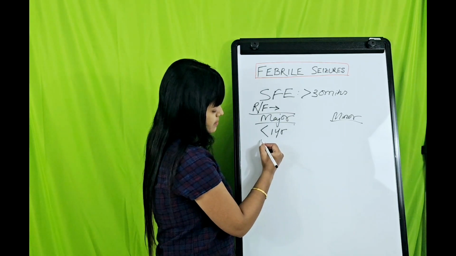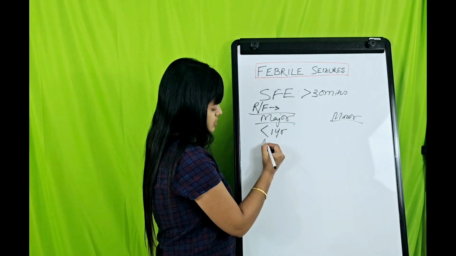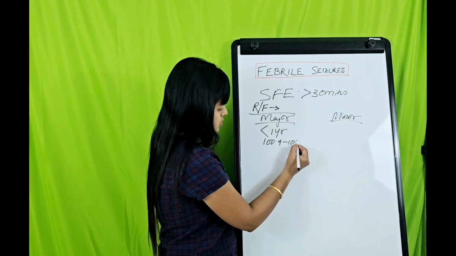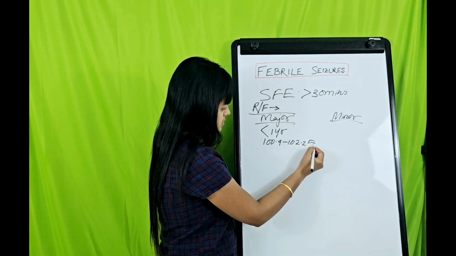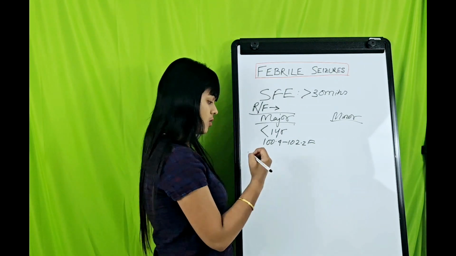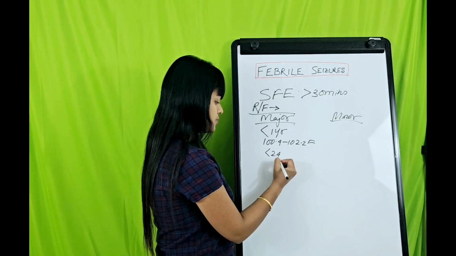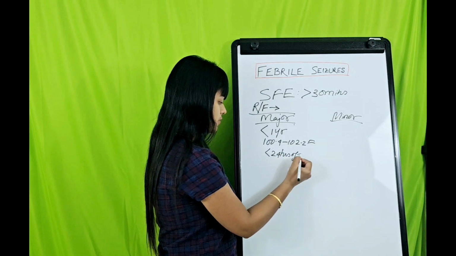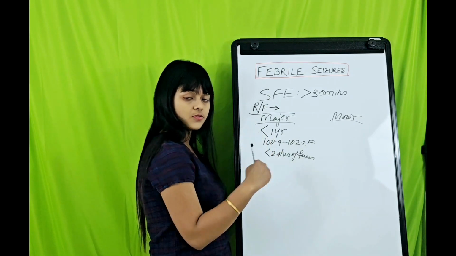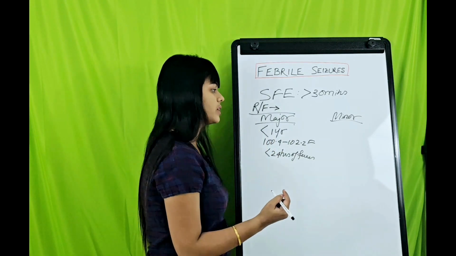If the temperature ranges from 100.4 to 102.2 Fahrenheit, okay, and if the seizure occurs within 24 hours of fever. So these are the major risk factors for recurrence of febrile seizure, okay.